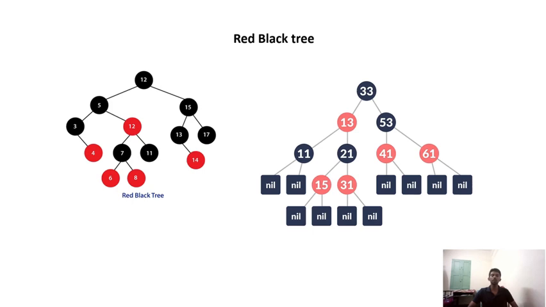This is another property. The third property is that if you insert a new node into a red black tree, it should be a red node. The fourth property is that the leaf node, that is the last node of every hierarchical order, should be a black node.